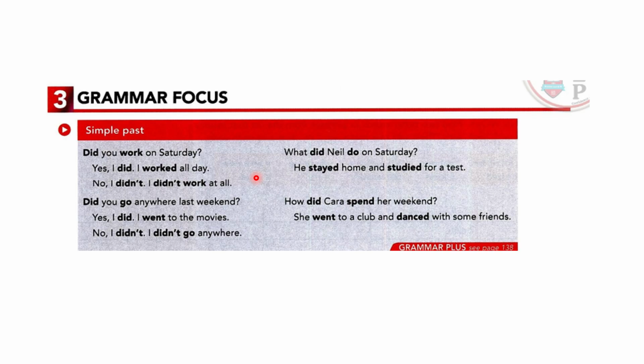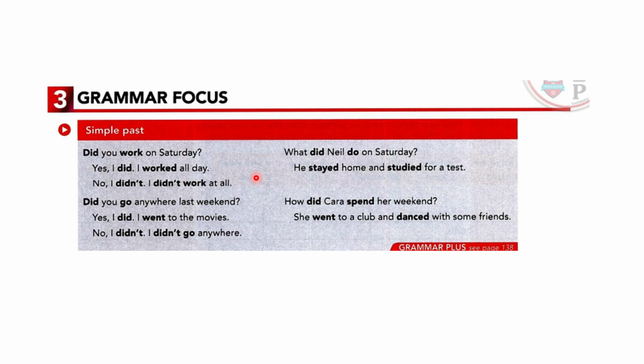Okay? But here, because we have did as an auxiliary in this WH question, as you can see, the verb do is in its base form because did is present. So it's a simple rule. If you have did or didn't in the sentence, the verb is going to be in its base form.